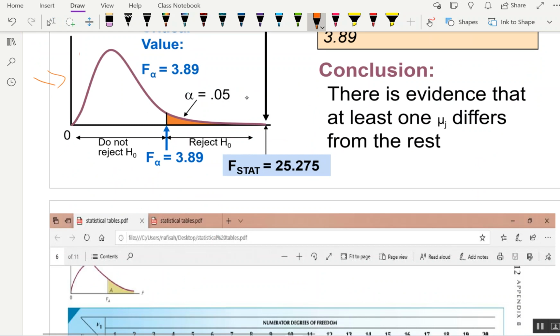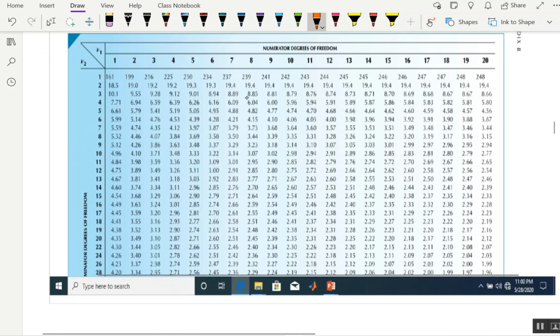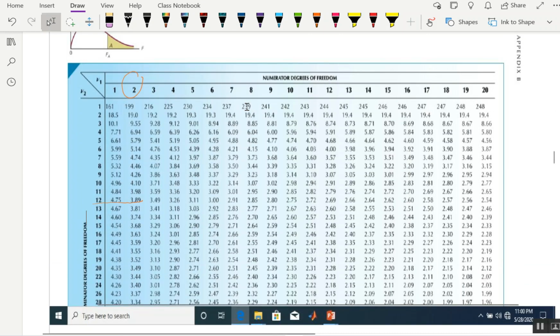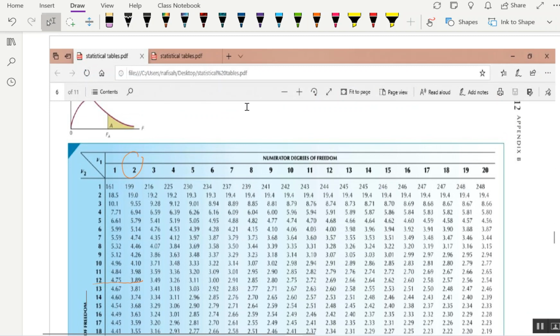So you know that the critical value is the one that will become your benchmark here. So we straight away look at the table. If let's say your V1 is 2 and your V2 is 12.